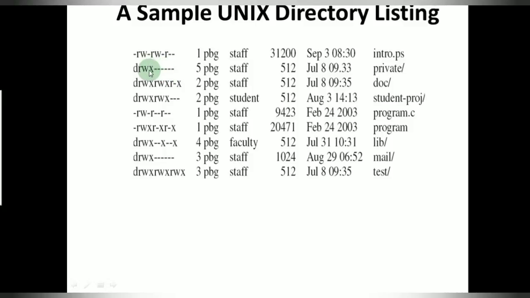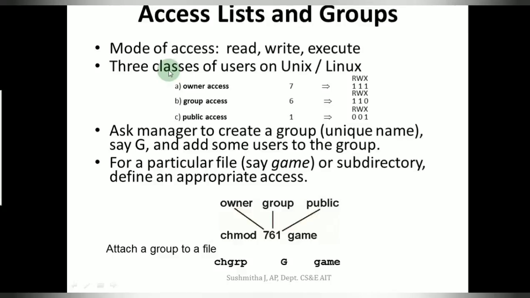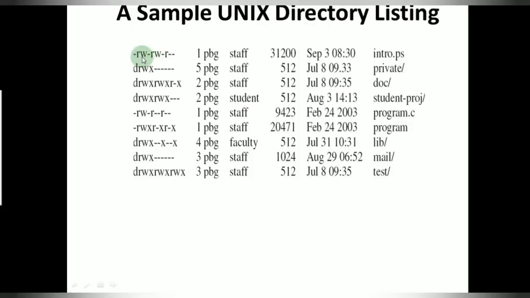This is for the user, group and others that we saw here. Owner access, group access and public access. That is the user, group and others permissions given for a particular file. And then we have the user ID and then the username, timestamp and the file name with its location. So these are the attributes that we have.